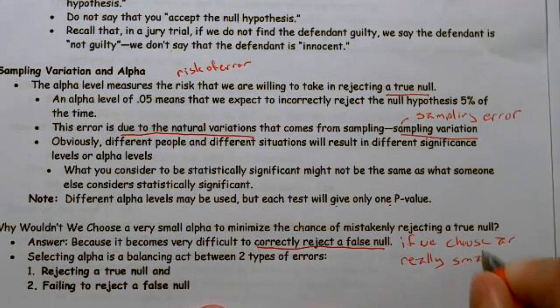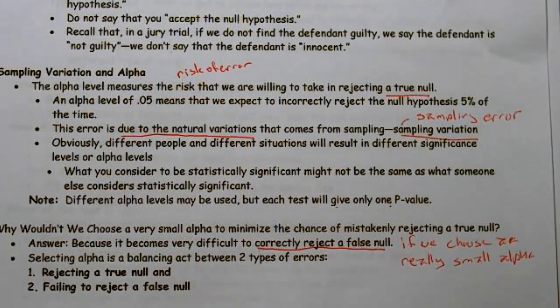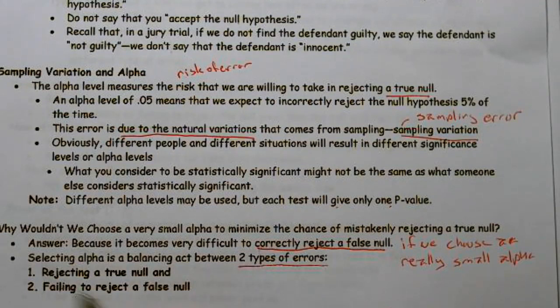So that's why there's a balancing act between, do we choose a really small alpha or a medium-sized alpha, or where do we choose an alpha at? Selecting alpha is a balancing act between the two types of error that we're going to talk about in our next video.